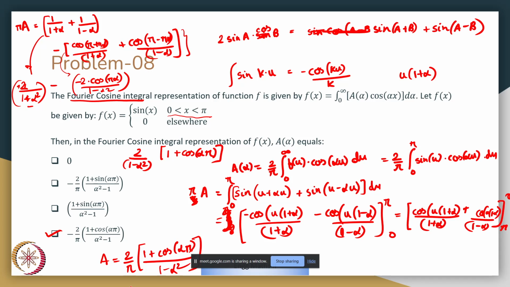So in this way, problem 8 also deals with Fourier cosine integral.